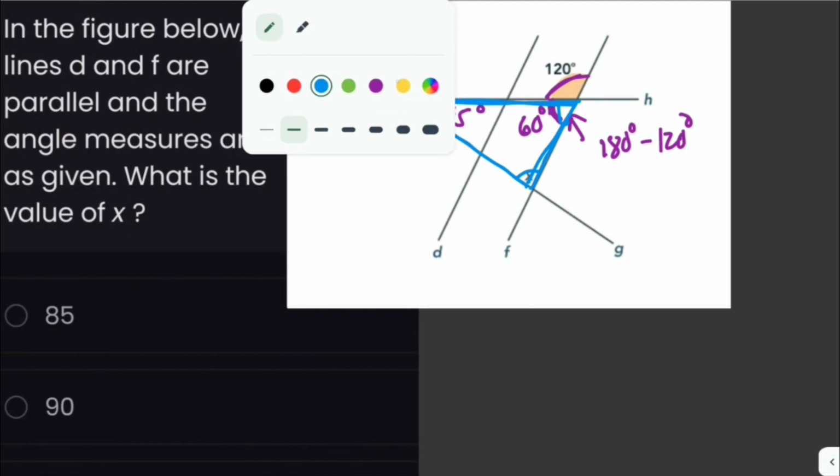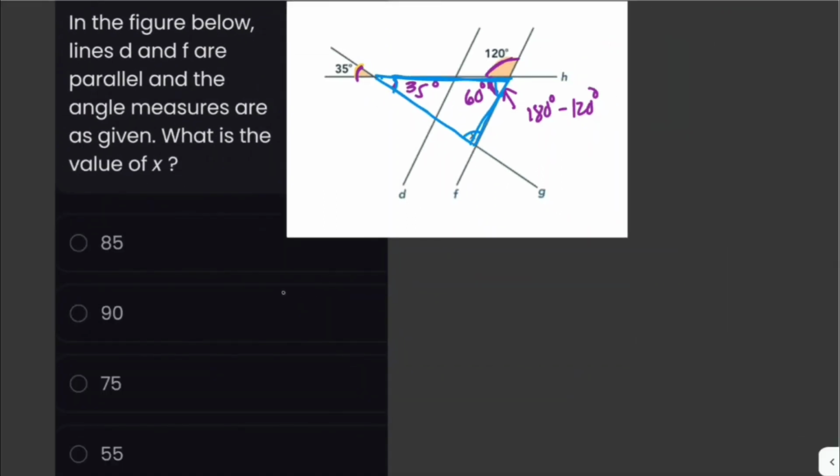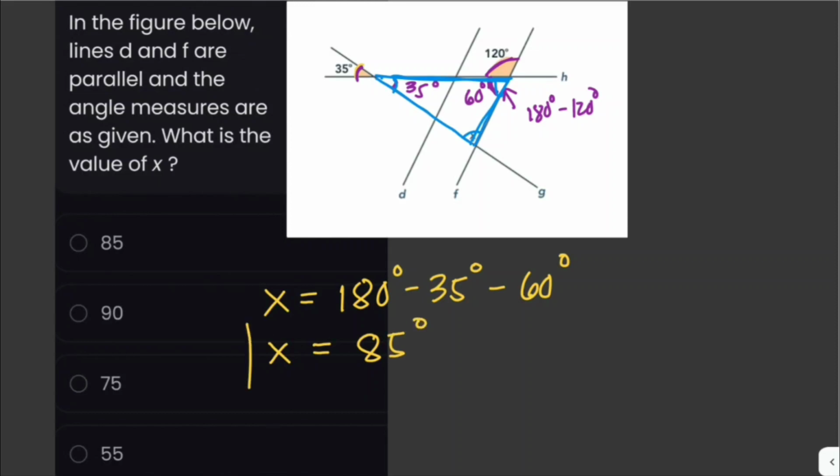Therefore, X is just equal to 180 degrees minus 35 minus 60 degrees, and that is equal to 85 degrees. So this is our answer here.